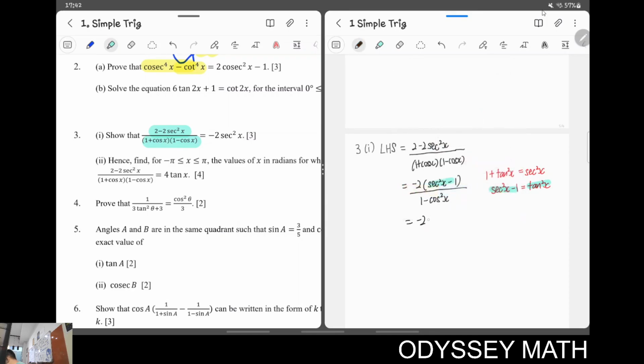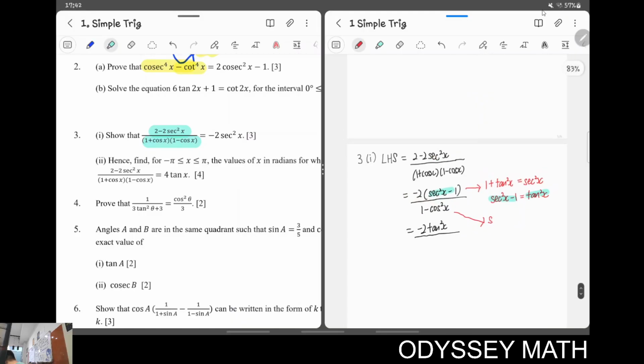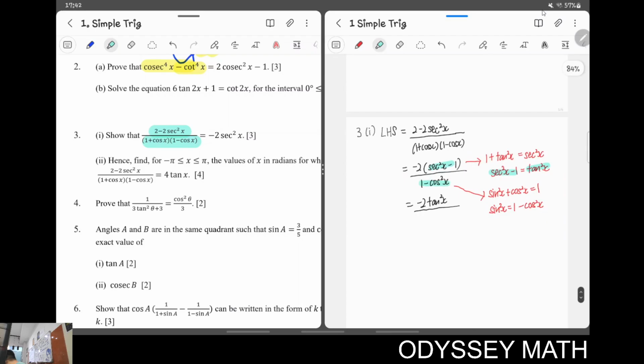So this is minus 2 tangent square x over. Now here again from your trigo formula, sine square x plus cosine square x equals to 1. So we have sine square x equals to 1 minus cosine square x. So I will replace 1 minus cosine square x with sine square x.